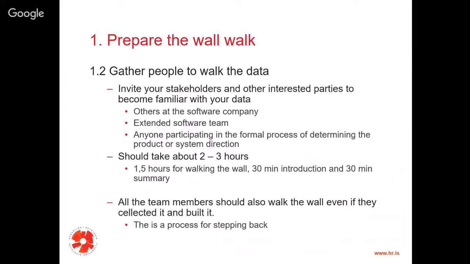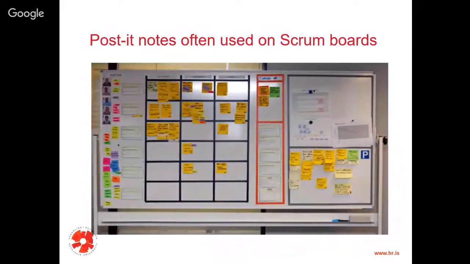And then all the team members should also walk the wall, even if they selected or built it. So this is a process for stepping back. And we use post-it notes, both in the affinity diagram and also for the design ideas that you get from walking the wall.